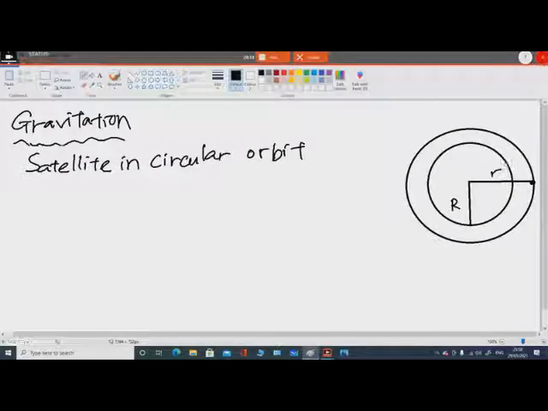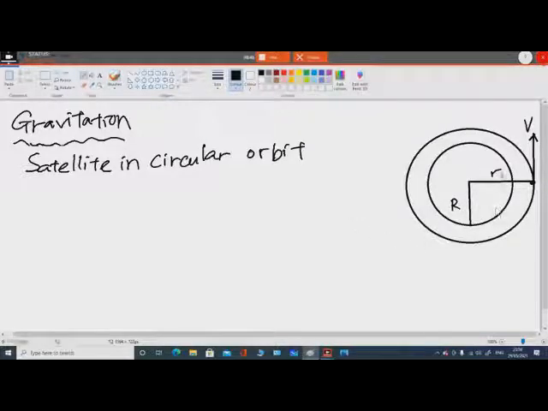Consider there is a satellite here. This satellite is about to revolve around the Earth with a linear speed v.